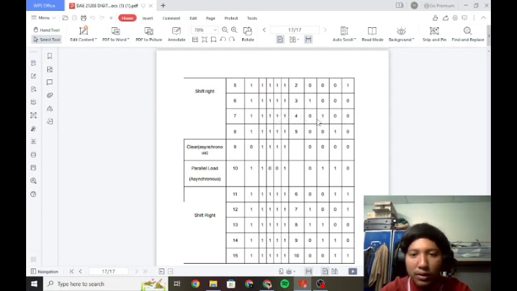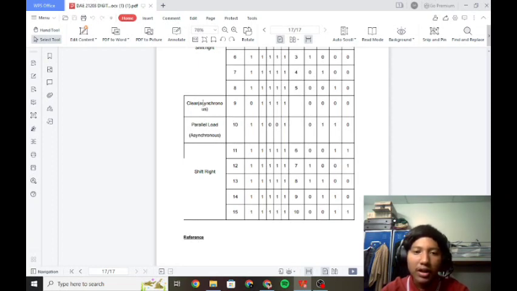Clock pulse 4, the output at A is 0, output at B is 1, output at C is 0, output at D is 0. And then lastly for shift right, line 8, clear 1, input A is 1, input B is 1, input C is 1, input D is 1, and clock pulse at 5. The output will be 0 at A, 0 at B, 1 at C, and 0 at D.